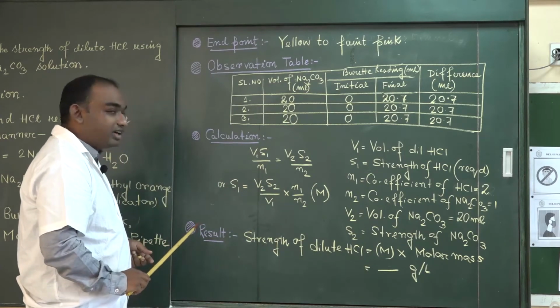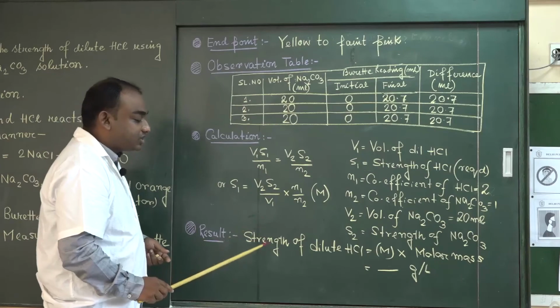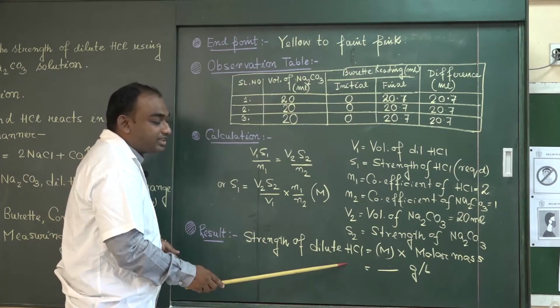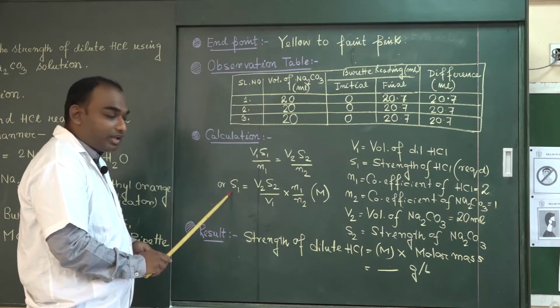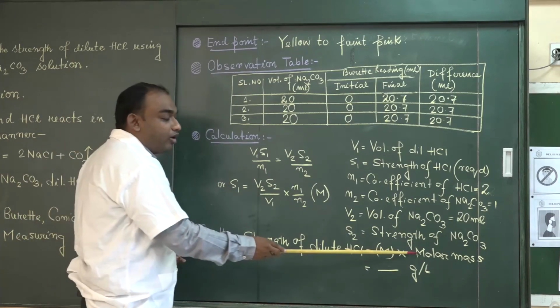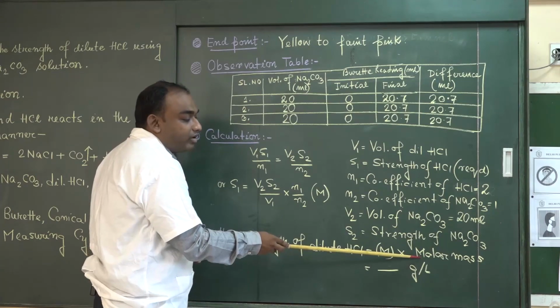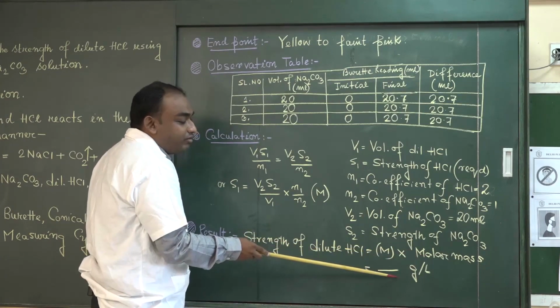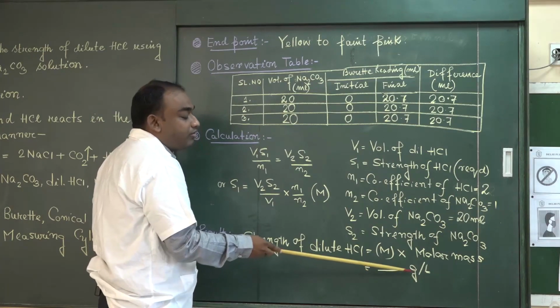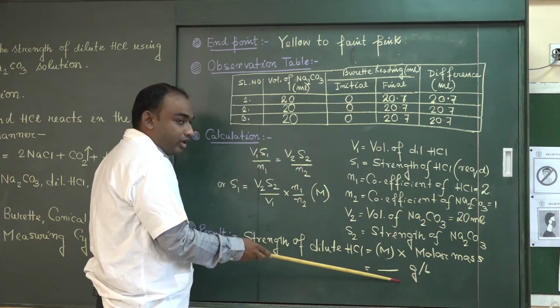So the strength of dilute hydrochloric acid will be the molarity that we obtain from the calculation, S1, multiplied by the molecular weight of HCl, which is 36.5, and that will be in the final terms of grams per liter. Okay, that's all.